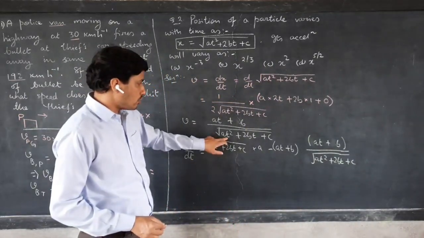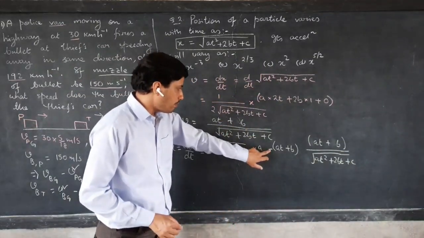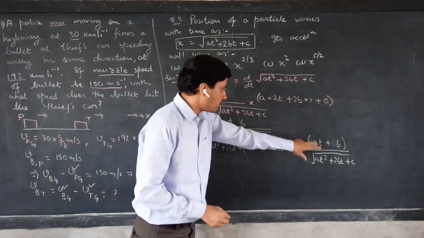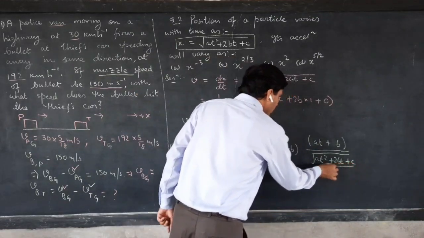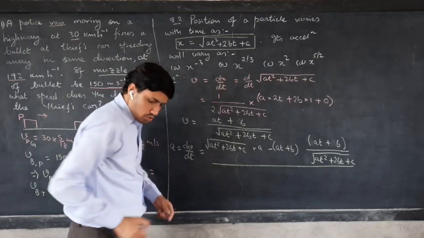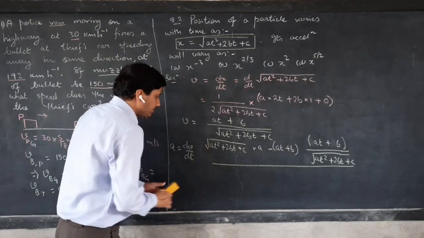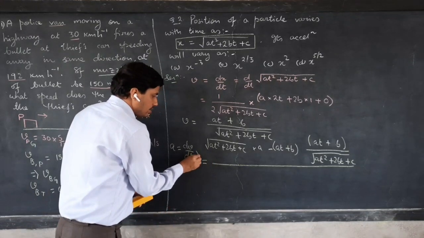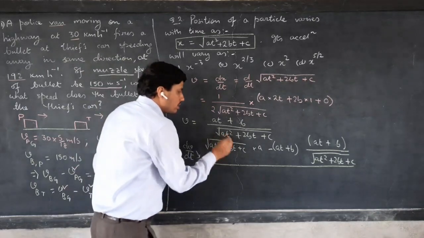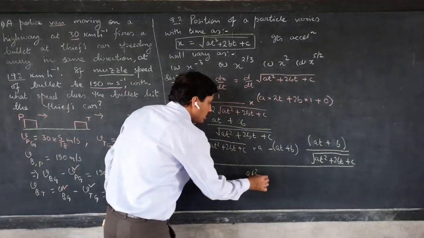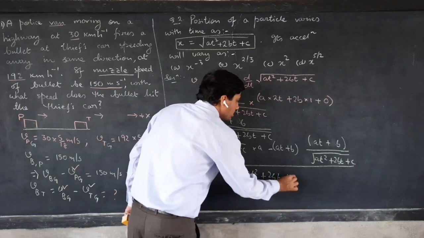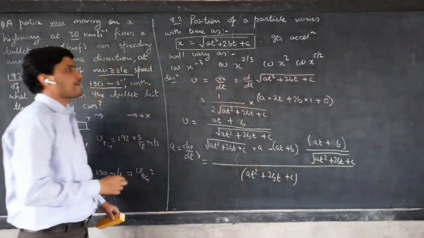So this is denominator into derivative of numerator minus numerator into derivative of denominator, whole divided by denominator square. So I should write my equal sign over here. It becomes at square plus 2bt plus c.